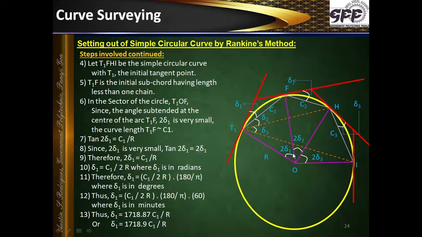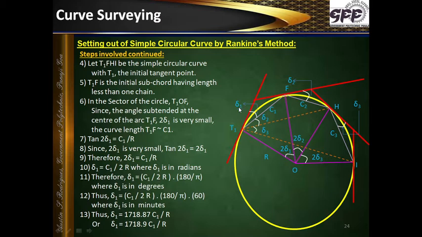This angle is 2 delta 1 here. Obviously if tangent is there here and this line is there, this angle over here will be delta 1. This angle is delta 1, and obviously between this point and this point, the angle subtended at the center will be 2 times delta 1. So that's why it is 2 times delta 1.